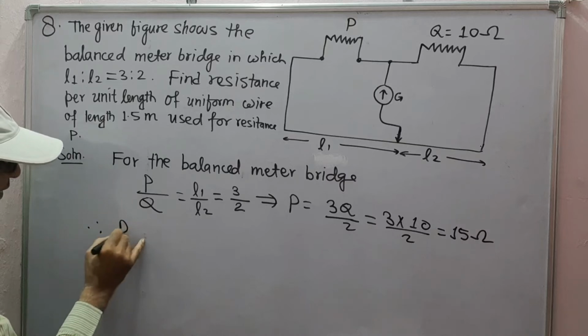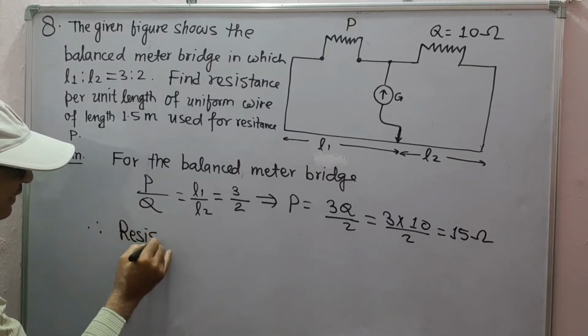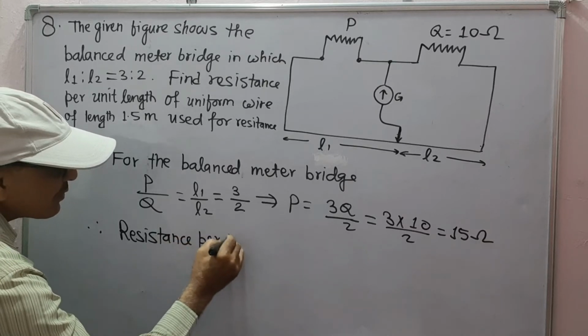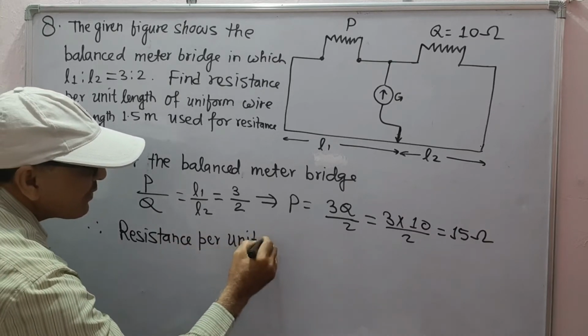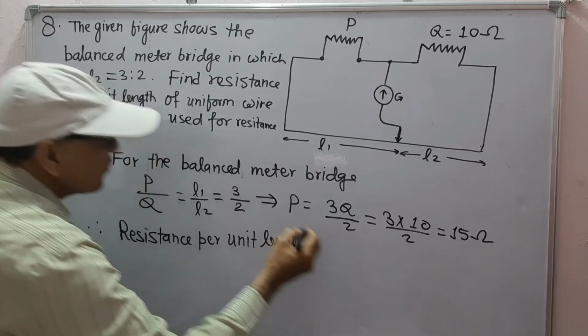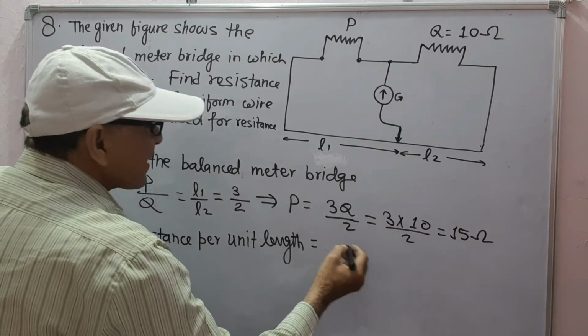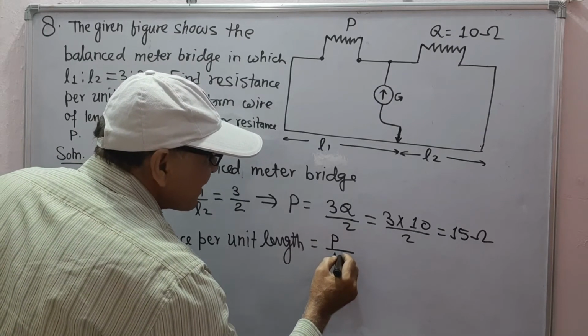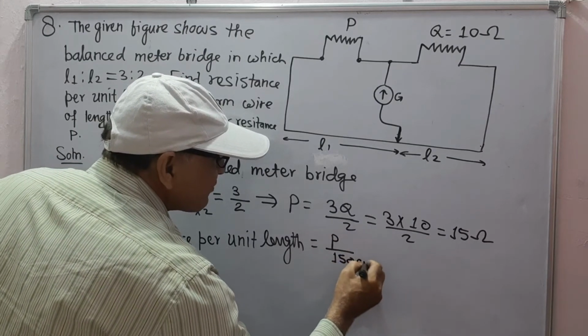Therefore, resistance per unit length will be equal to, resistance is P and length is 1.5 meter, means 150 cm.